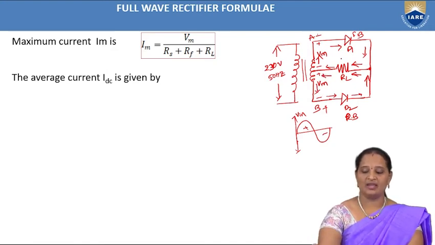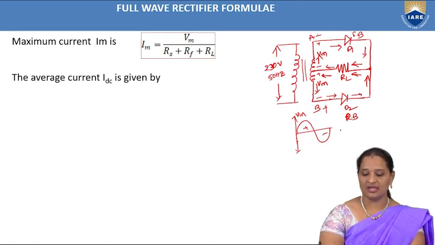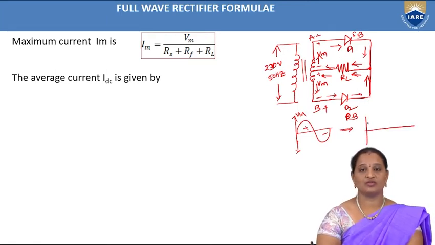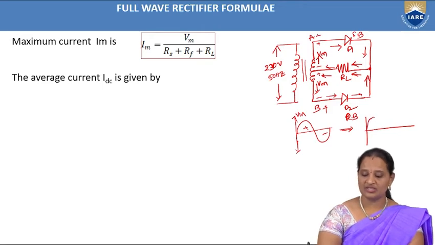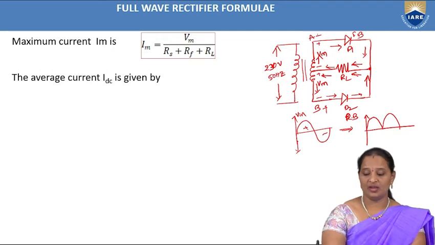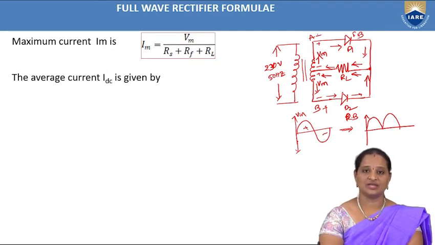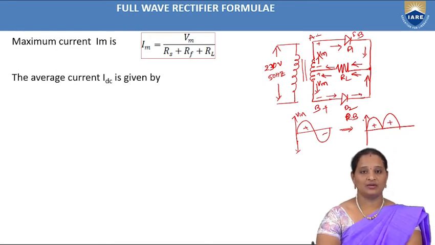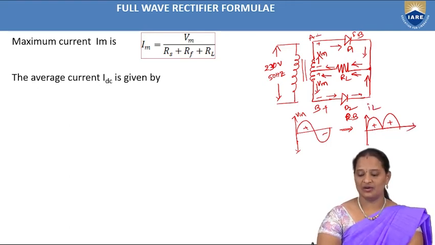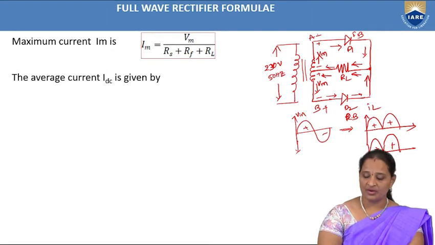So in either of the cycles, there will be current flowing through the load resistor. In both the cases, the current through the load resistor is in the same direction, and hence we'll get current through the load resistor which has only positive half cycles, as represented here, which leads to a voltage across the load resistor which also has only positive half cycles.